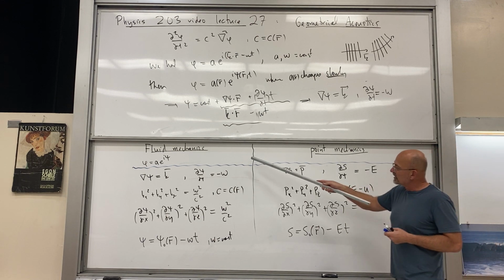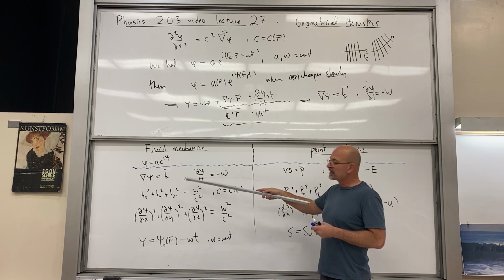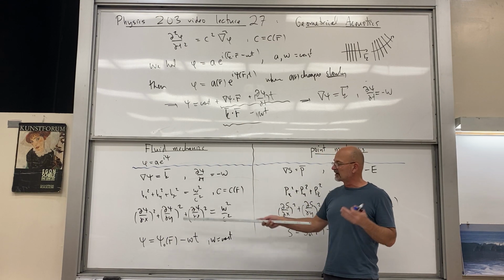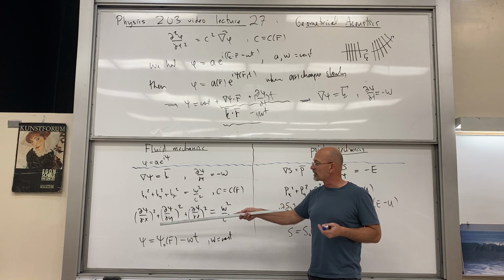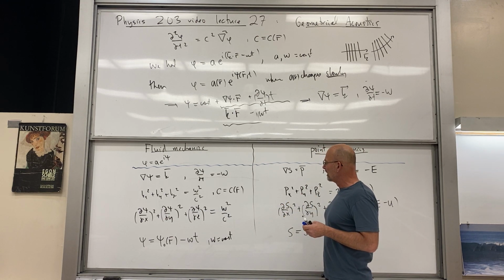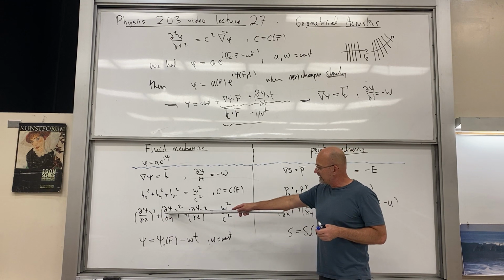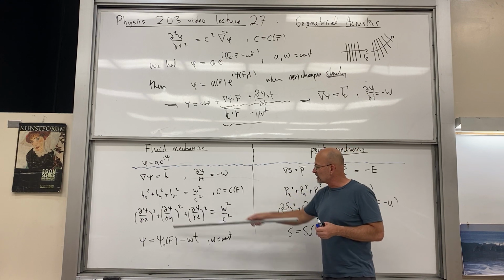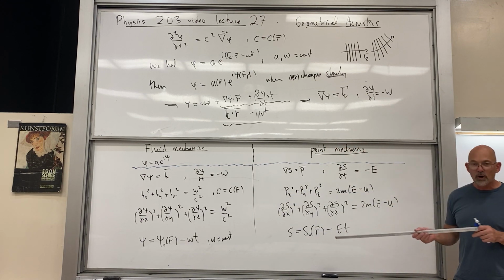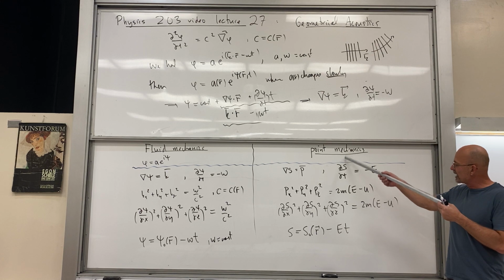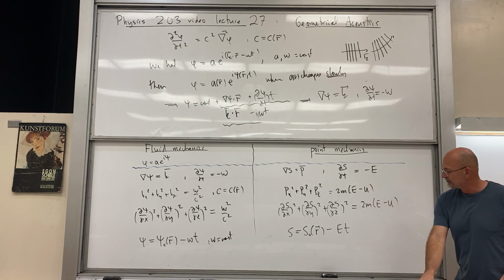So this was a problem in fluids, geometrical acoustics. You can obviously just think of it as an optics type of problem. And we don't know how to solve this yet. We just learned about this differential equation, but it turns out we already do know how to solve it because we have the Hamilton-Jacobi formalism.